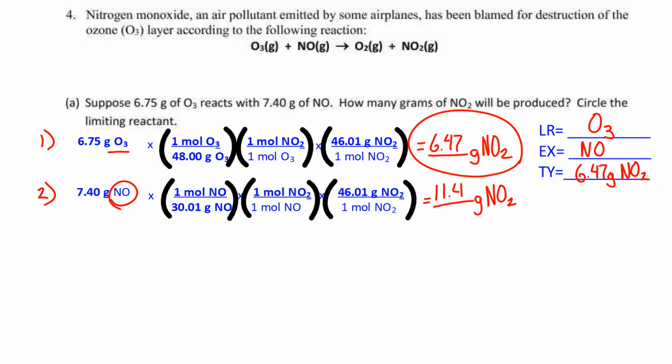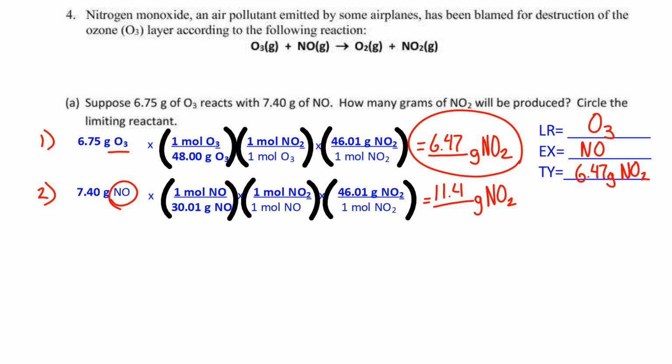The reason why that's the maximum amount is I'm going to run out. If I try to produce any more than 6.47, I'm going to run out of ozone, so the reaction stops. Once you run out of fuel in your car, that's where you're at. Most people's cars, unless you're running electric, have an internal combustion engine, and the oxygen that the car needs is readily available.